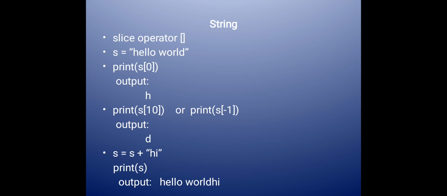So here the output will be the character to which the 0th index is pointing, that is the character h in hello world. So the output will be h. If instead of 0 it was 1, the output will be e. So what will be the output of print s of 10? Print s of 10 will be d.